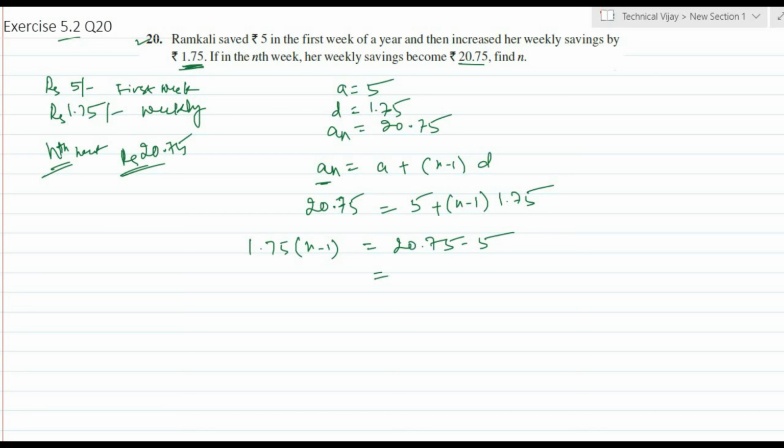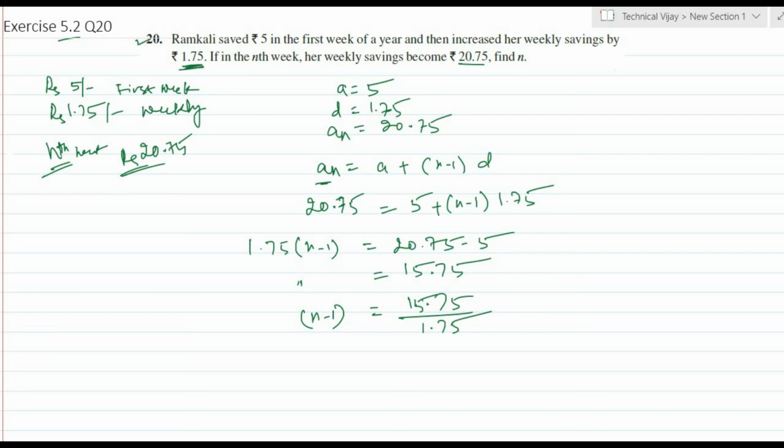So here 5 we have to subtract, 15.75. So n minus 1 is equal to 15.75 divided by 1.75.